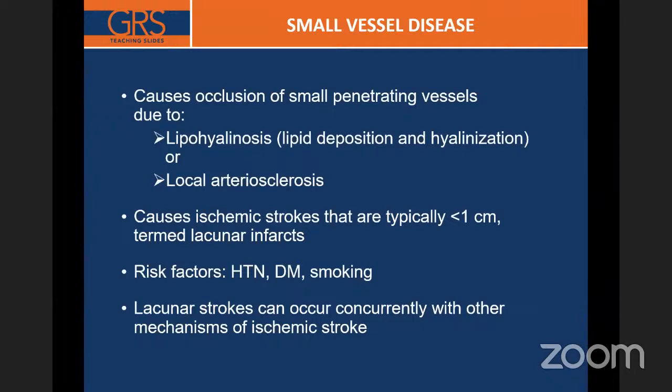So whenever we mention lacunar infarcts, we mean the type of infarct that isn't associated with higher level symptoms like cortical symptoms such as aphasia, agnosia, and loss of consciousness.